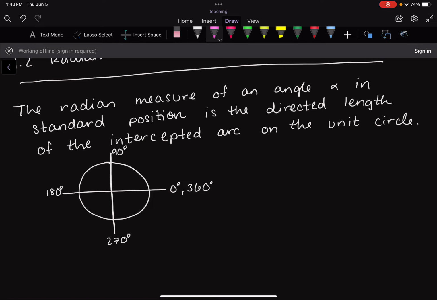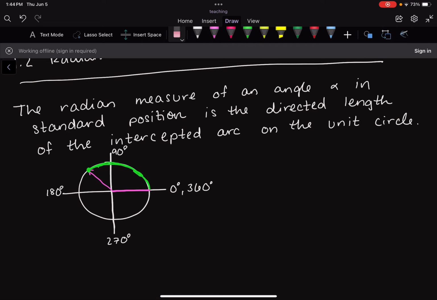What the intercepted arc on the unit circle is really saying is if I have an angle, say here, the radian measure is the length of this arc right here, all the way up until that point. So this length is really what radians will measure.